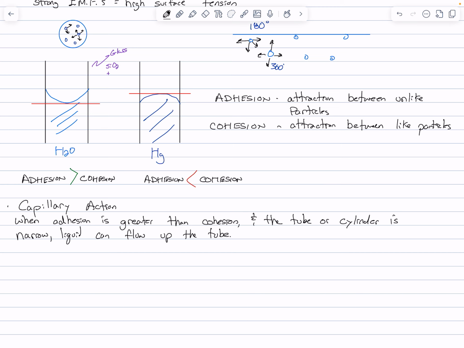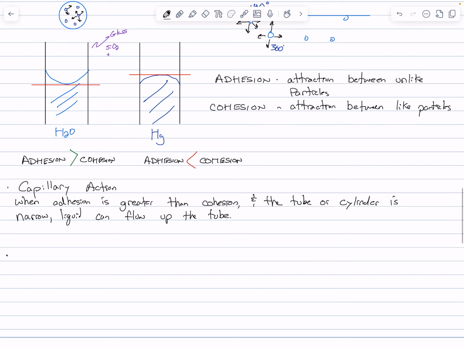Another fun property of liquids now is viscosity. And viscosity is a fluid's resistance to flow. Now, it's usually measured in newtons times seconds per meter squared.